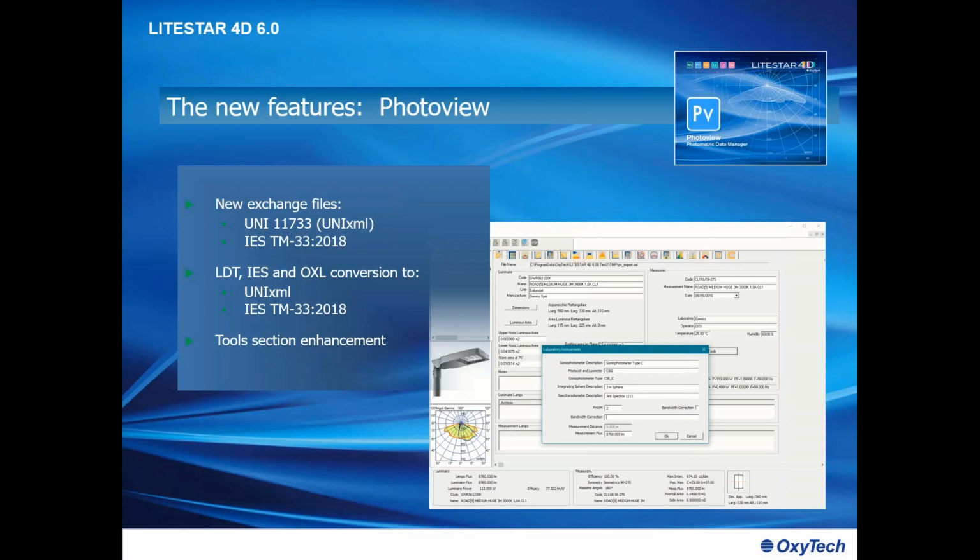And it is also possible to manage through the file other parameters, like, for example, the horticultural parameter related to the horticultural world. Through the PhotoView module, it is possible to convert the old LDT, IS, and OXL files straight away into the new formats.